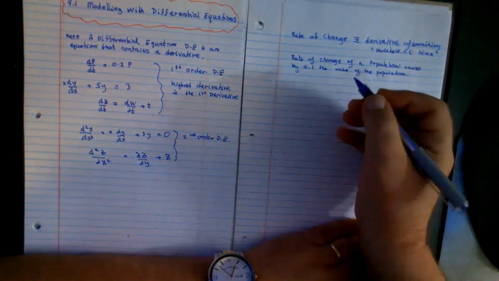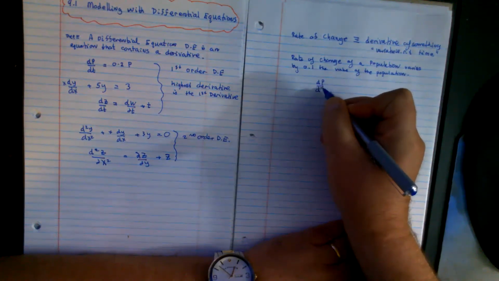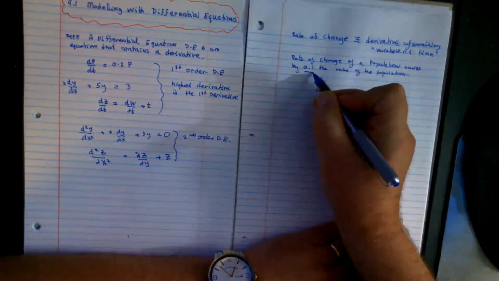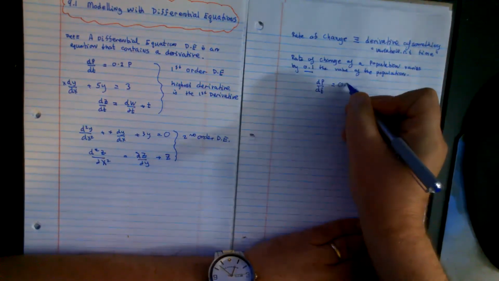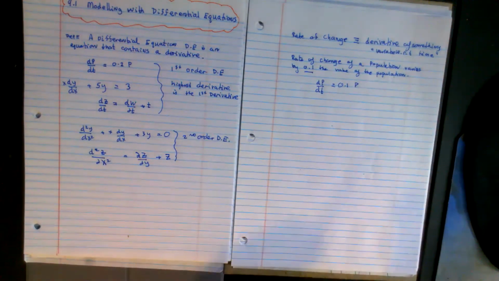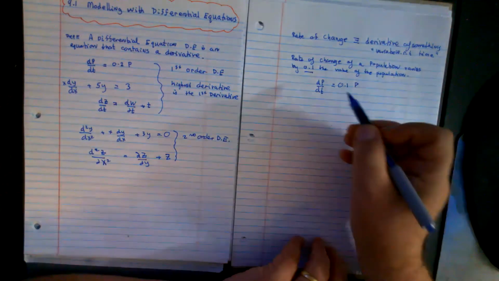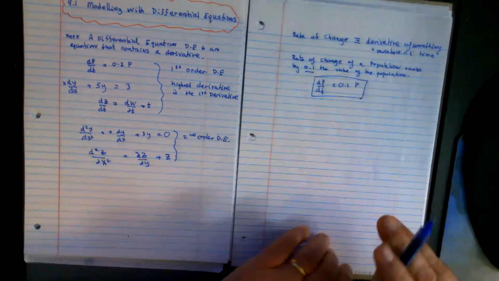Let's call P the population. So the rate of change is that guy. And you're telling me it's 0.1, so the rate of change, the derivative, is 0.1 times the population. That would essentially be our first order differential equation. And then later on, we'll show you how to solve those things.